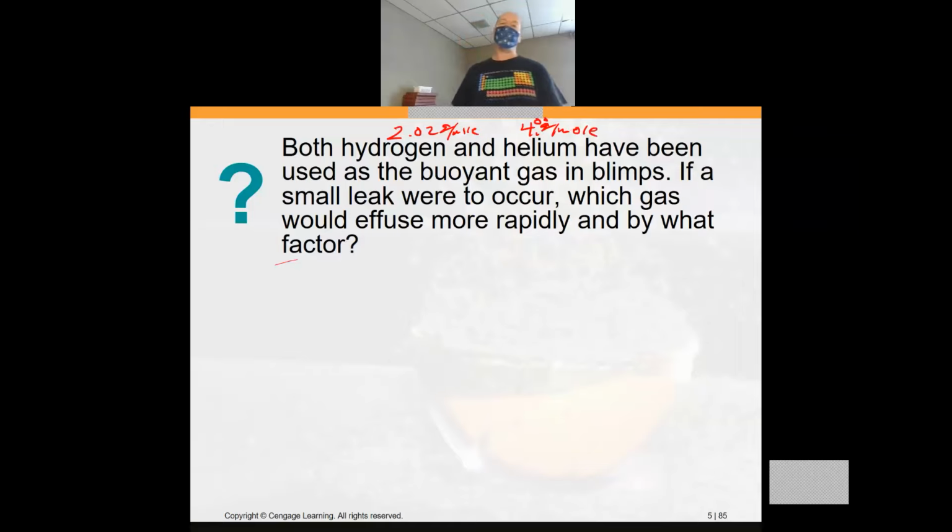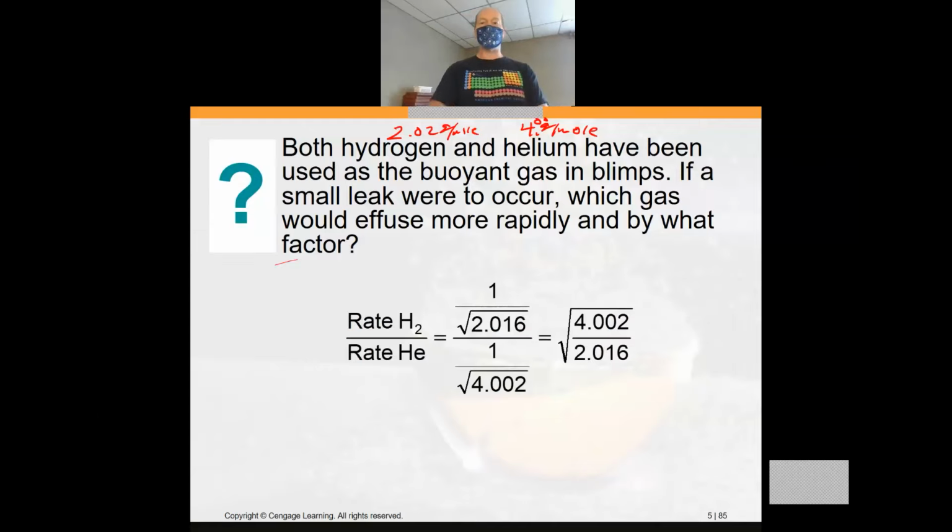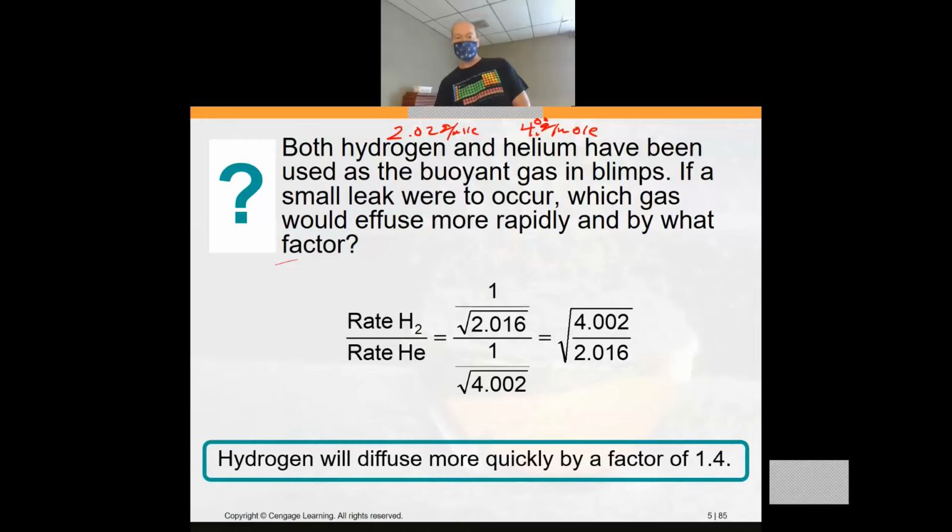The hydrogen would effuse much faster. To find that factor, you have to take the ratio of the square roots. It is not twice as fast, it is the square root of 2 times as fast. So it is 1.4 times as fast.